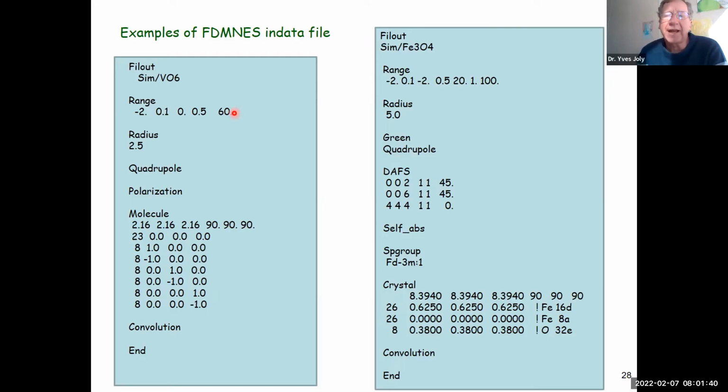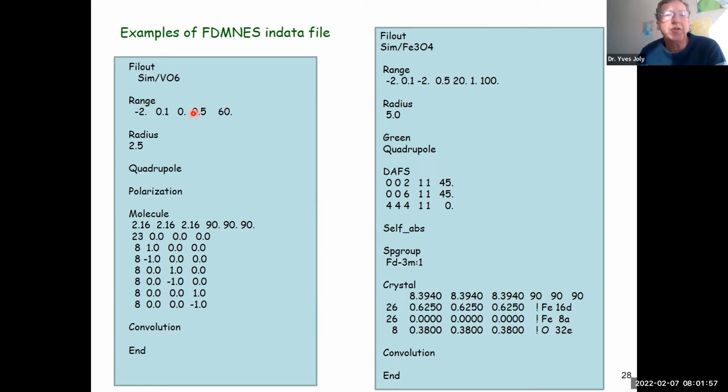Like in the experiment, it's important to have a thinner step at the beginning of the edge than at the end, because you have more features at the beginning.